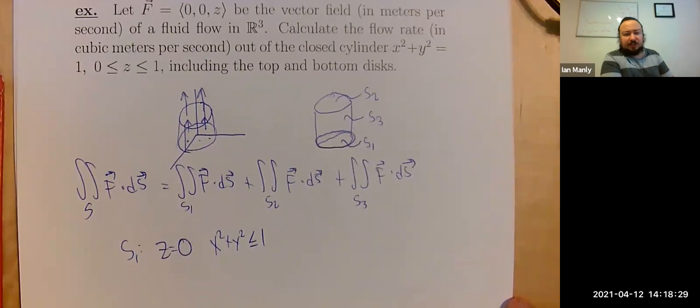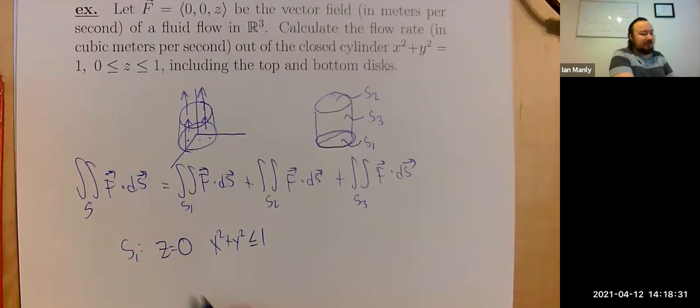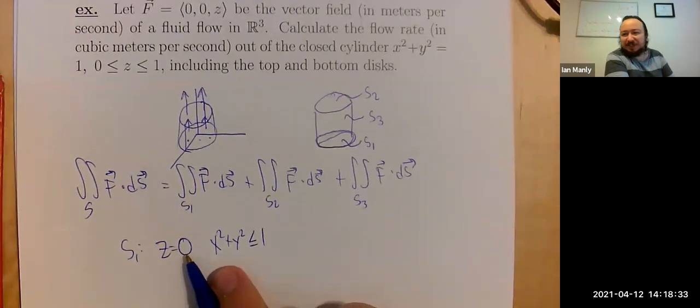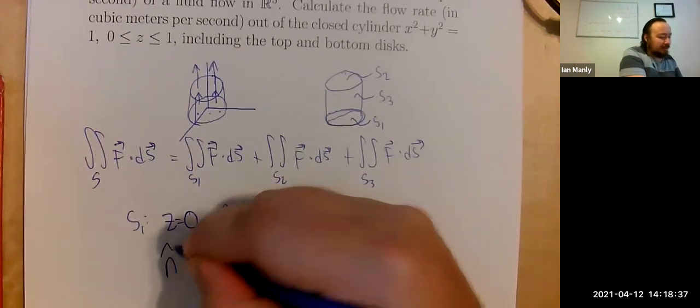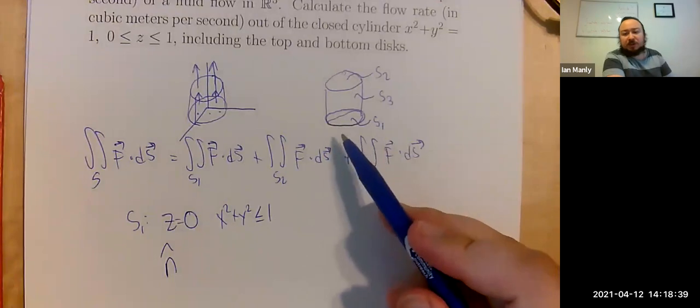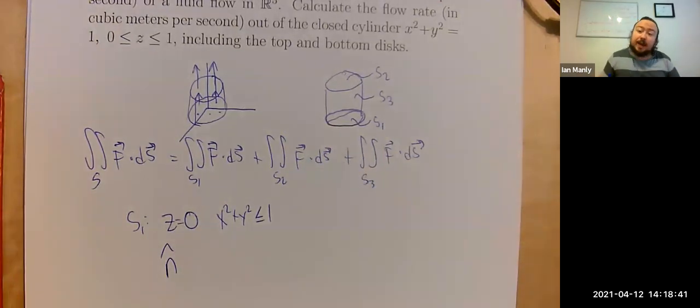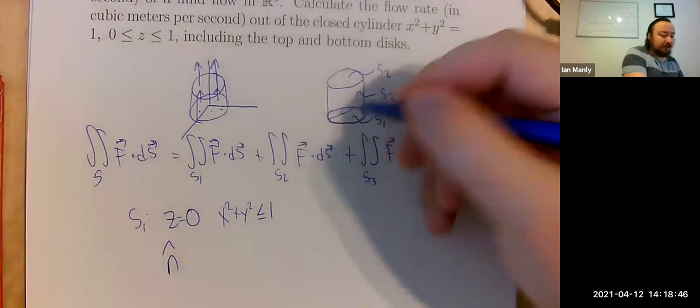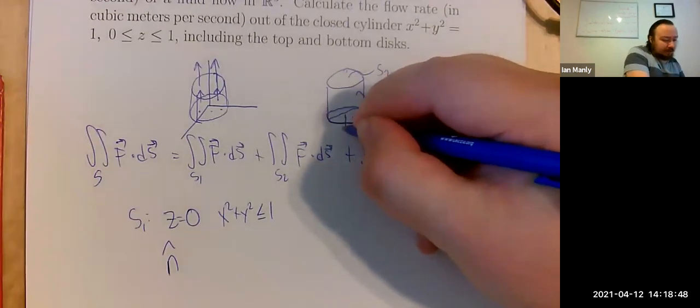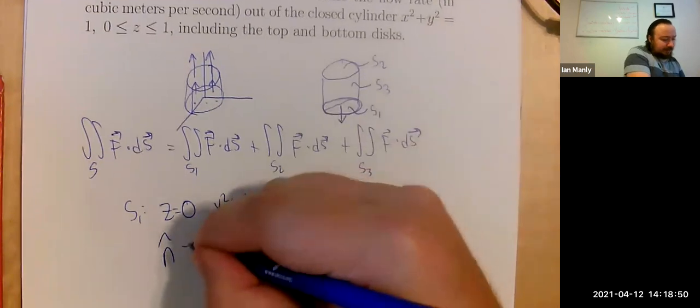All right, so let's see here. Technically we have our surface. If we want to pick a normal vector for this surface, remember, we always want the normal vector pointing away from the interior volume. So for S1, we want our normal vector to look like this.